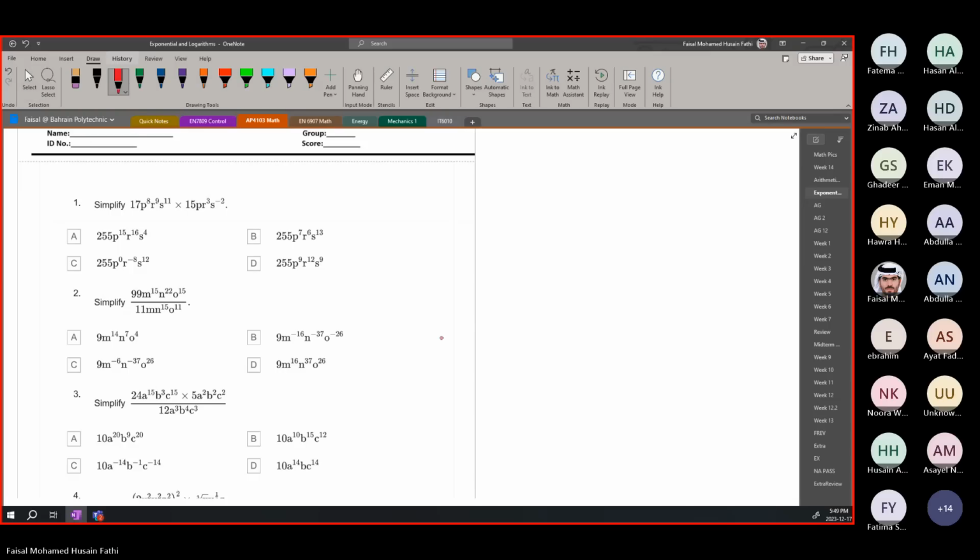Number 1, it's given that we have 17 p to the power of 8, r to the power of 9, s to the power of 11 times 15 p r to the power of 3, s to the power of minus 2. Remember the rules of exponents. All we have to do is separate all of these and do them separately.